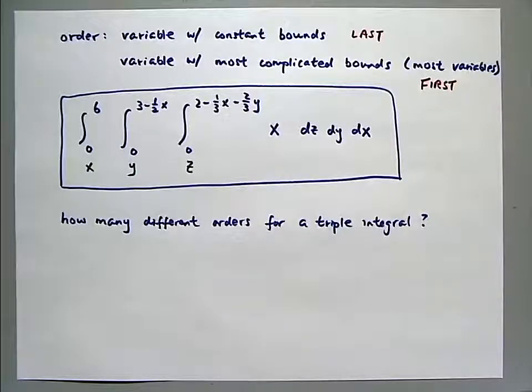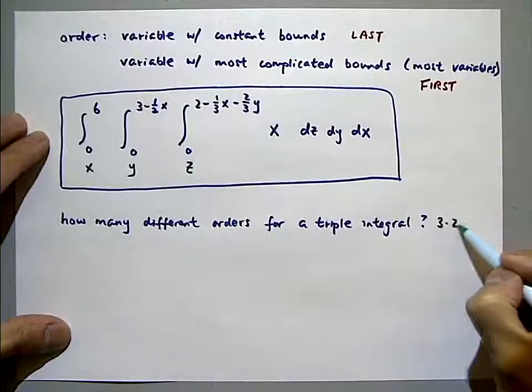And how did you find that? Okay. Why 3 times 2 times 1? Yeah. So what you said is, yeah, absolutely. You have 3 choices for the first variable. Once you make that choice, you have 2 remaining choices for the second variable. And then you have one last, there's no choice for the last one. So you have 6. 3 times 2 times 1.